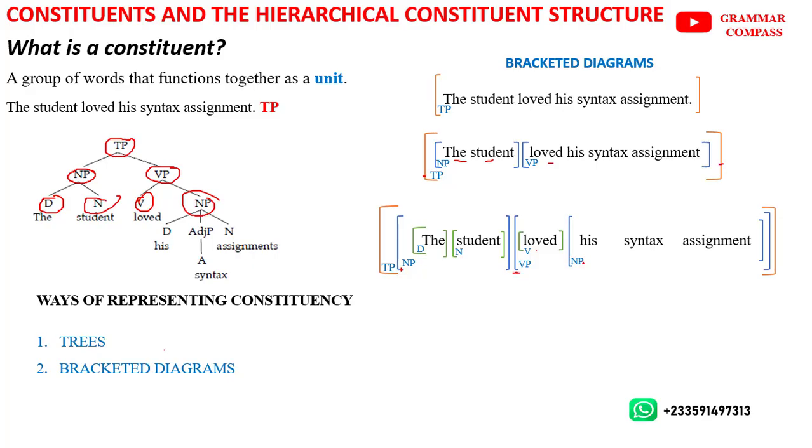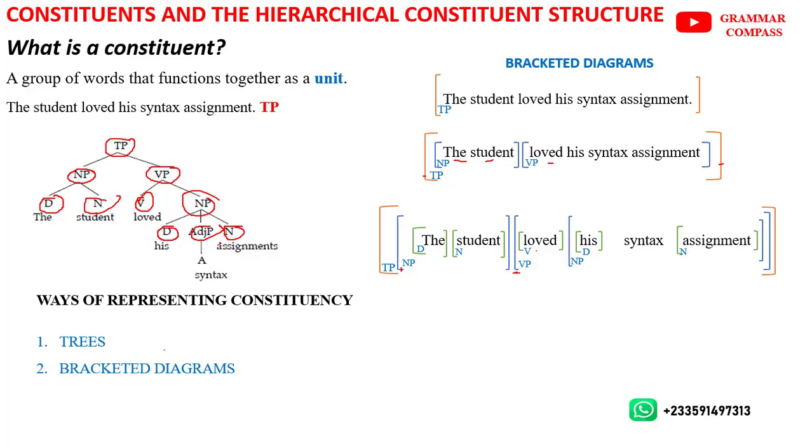We are not done. Within the noun phrase, his syntax assignment, it was also broken down into other smaller constituents. We have our determiner, our adjective phrase, and then our noun. So we have to show this constituency using bracketing. Therefore, we will draw a bracket around his, which is our determiner, and a bracket around assignment, which is our noun, just as we showed the constituency over here.